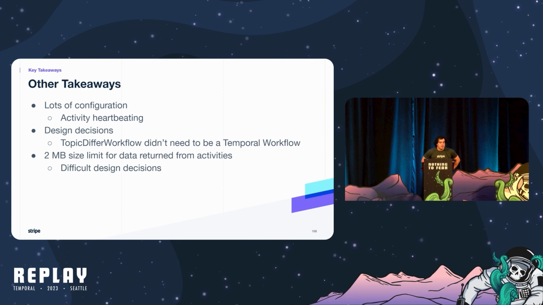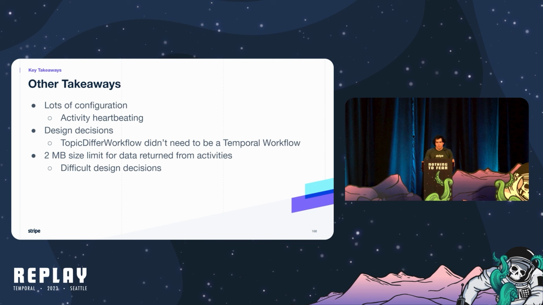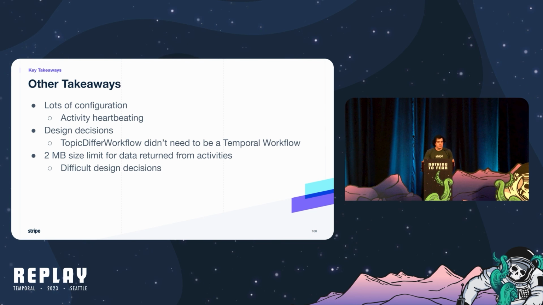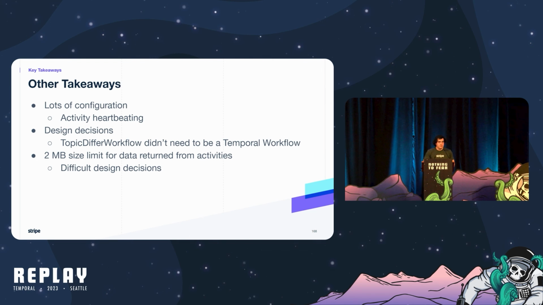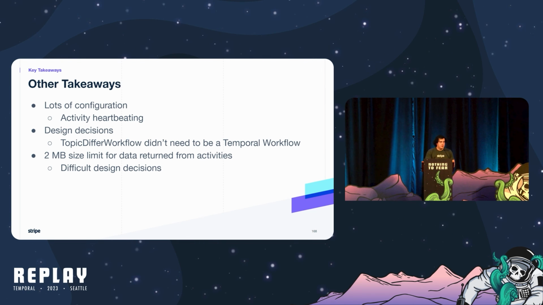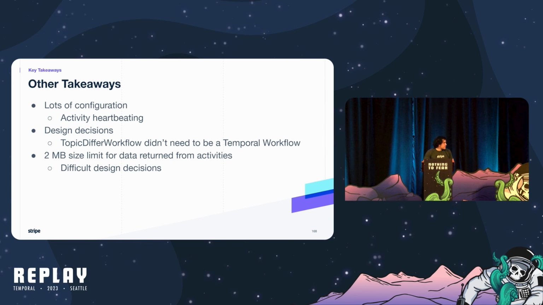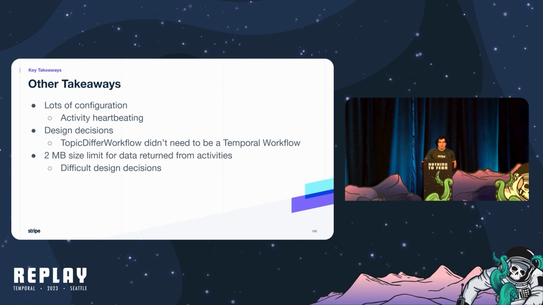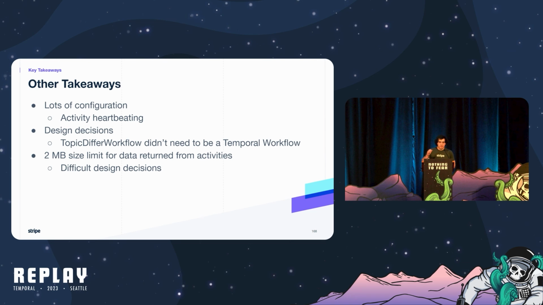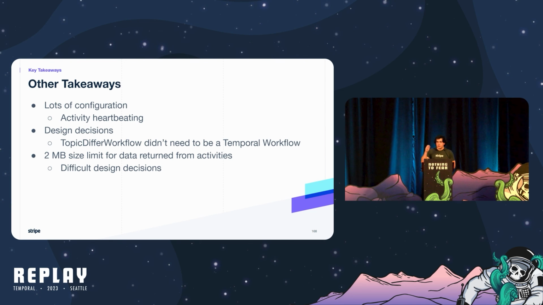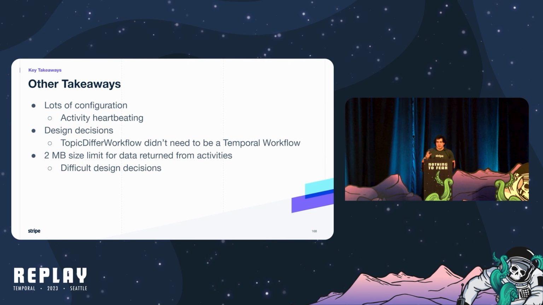Another thing that made us make some weird code design decisions was that there is a limit on the amount of data that you can return from each activity. This was very relevant when designing the topic differ workflow, because part of the workflow pulls all the topic configurations for that specific cluster.